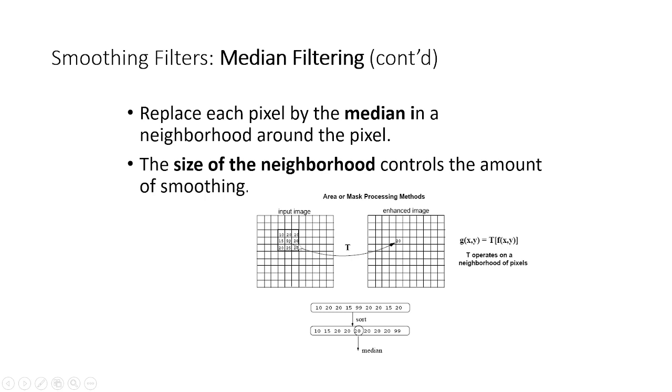So taking all those values, sort them out. We are trying to find the value of this pixel, which has 99. By applying the median neighborhood pixel operation, the median value after sorting would be 20. That is the middle value, and that would change it into 20. Like this, for every pixel, it will apply the median filtering method.